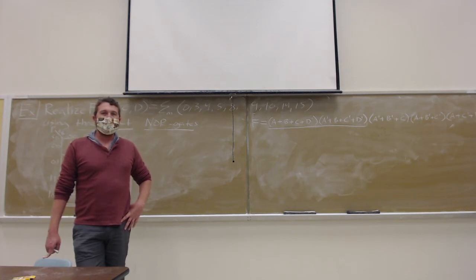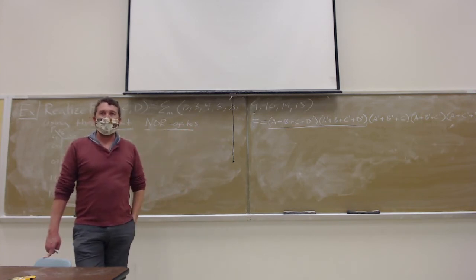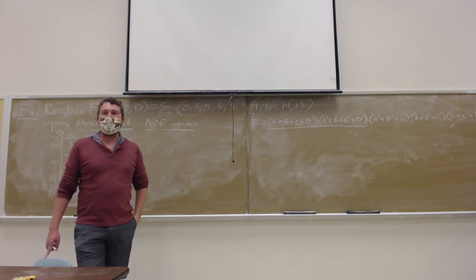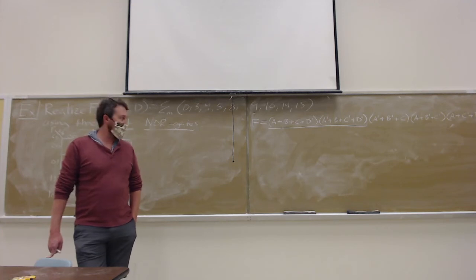So remember, we can't simplify it using the uniting theorem, right? Because we already have a minimum product of sums. So we're not going to make it any more minimum than it is. What we have to do is change the form in order to get the number of inputs that we're looking for. So what we need to do is either factor or multiply out. In this case, we want to factor.